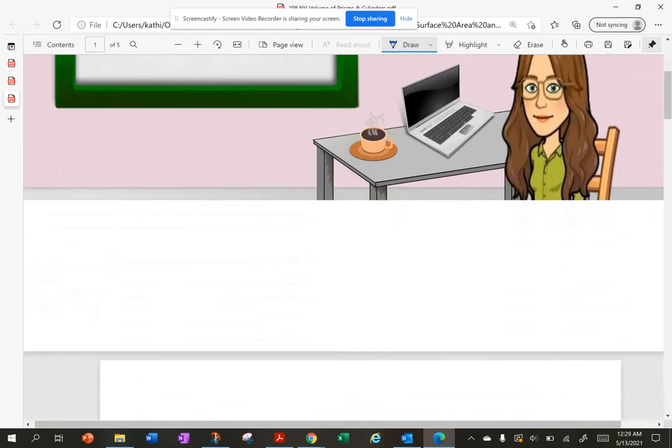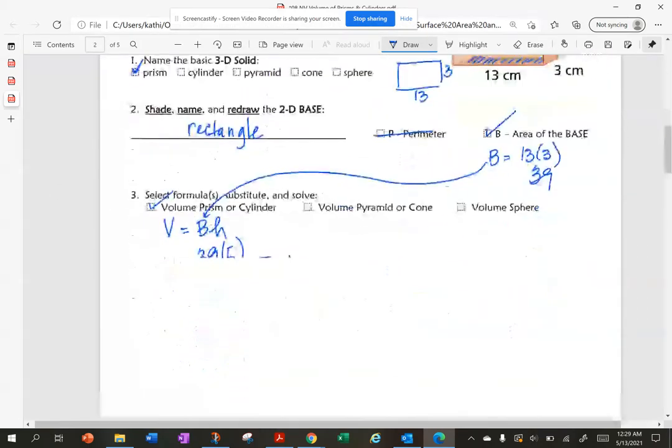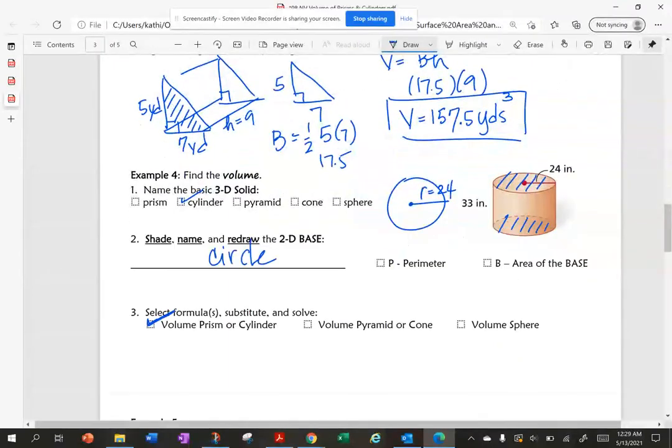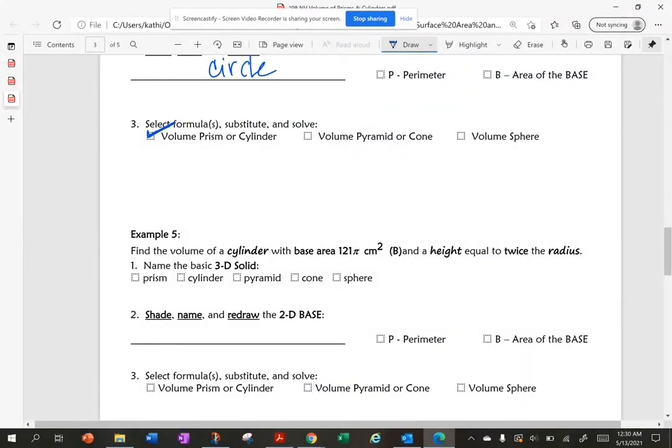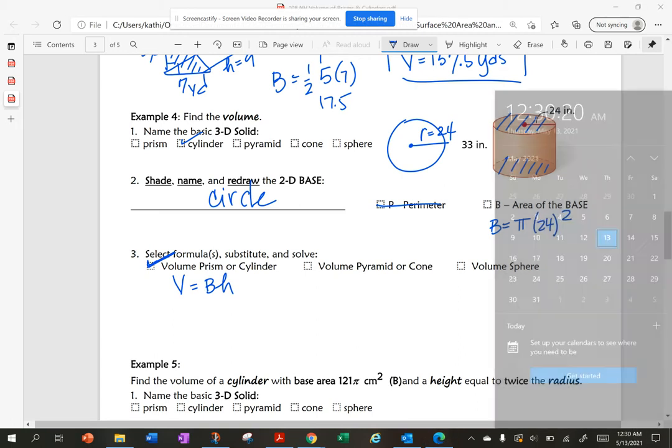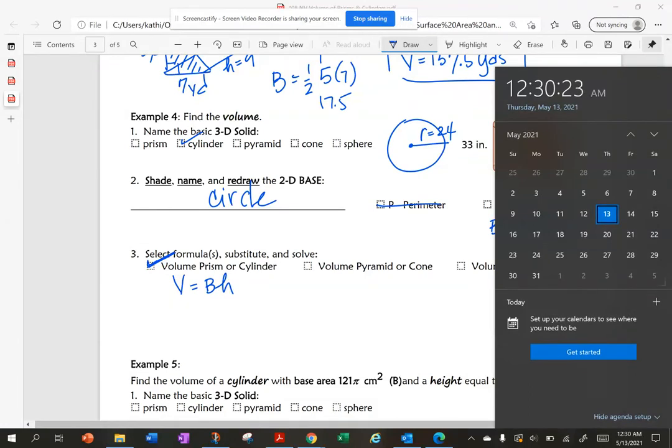So cylinders and prisms have all the same formula. Volume equals B times H. So no perimeter. The area is pi r squared. Pi times 24 squared, so that is 576 pi.